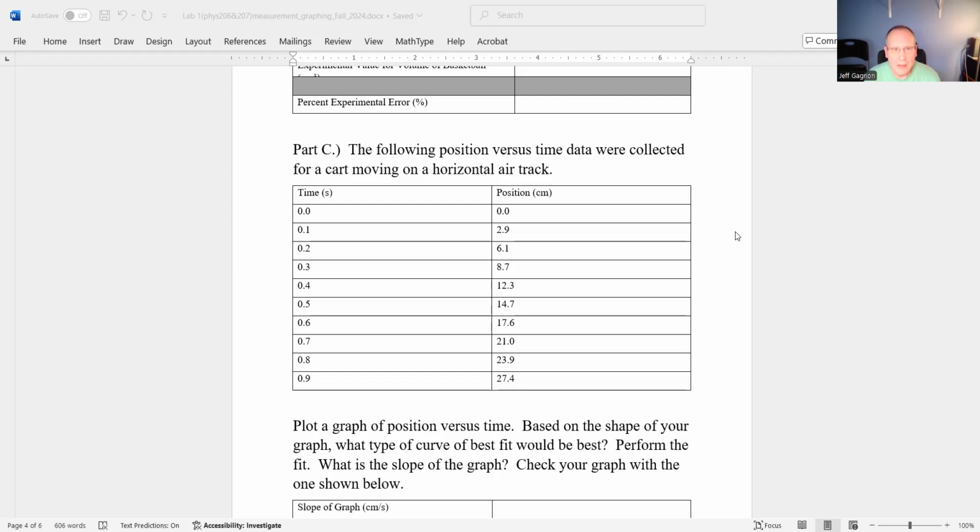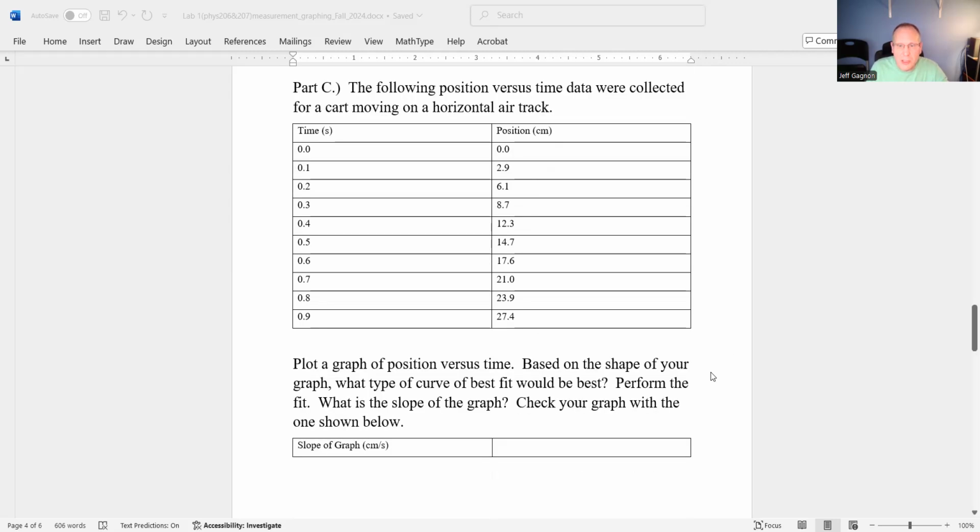In this first case, you're told that you have some position versus time data that was collected from a cart that's moving on a horizontal air track. The time values are given in this column, and the position of the cart is in the second column. And I want you to plot position versus time. So position would be on the y-axis and time is on the x-axis.